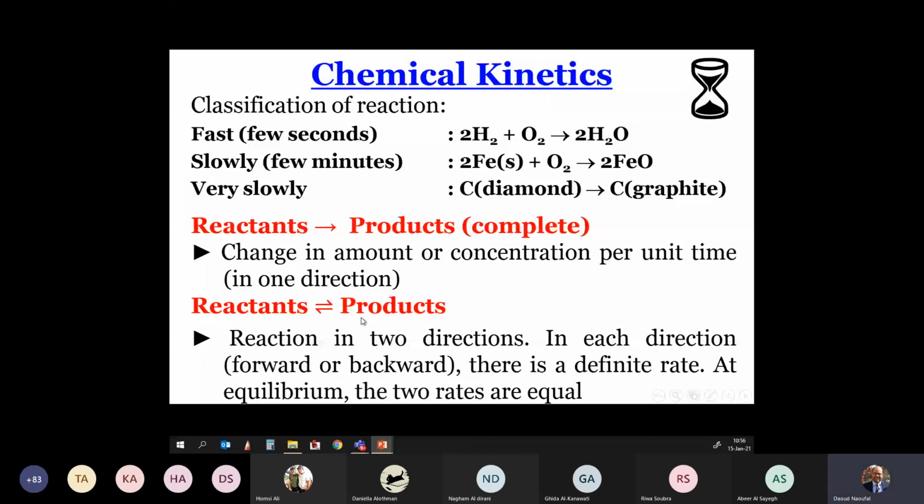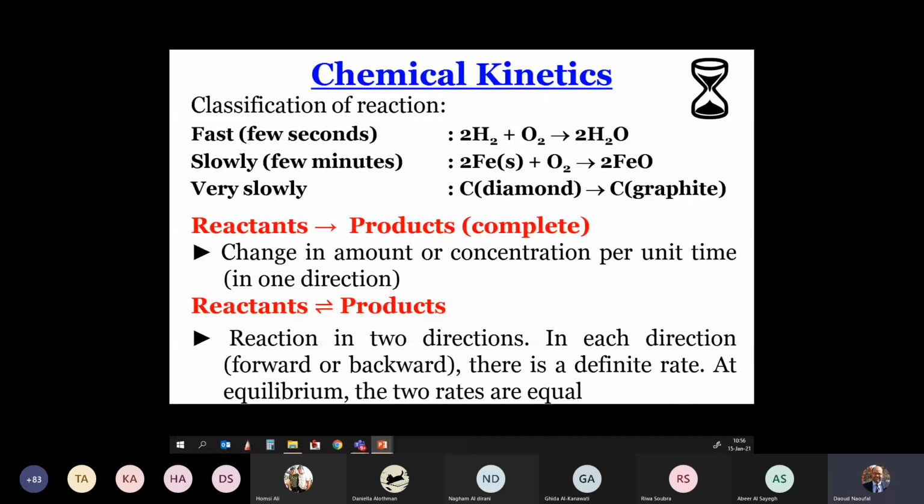In the products, at t equals 0, we have 0 products, and the quantity of the products will increase with time. So the rate in direction 2 will increase. Rate in direction 1 decreases, and at the same time, rate in direction 2 increases.